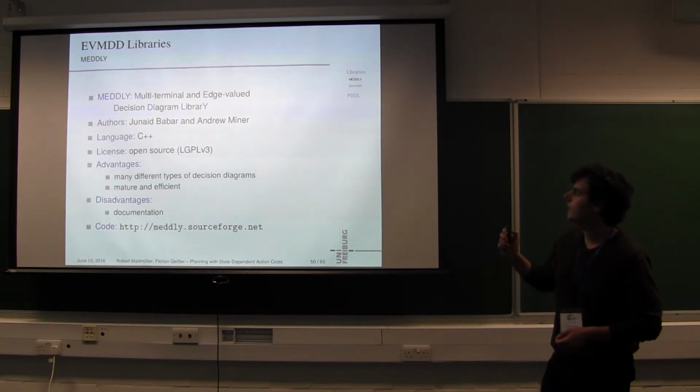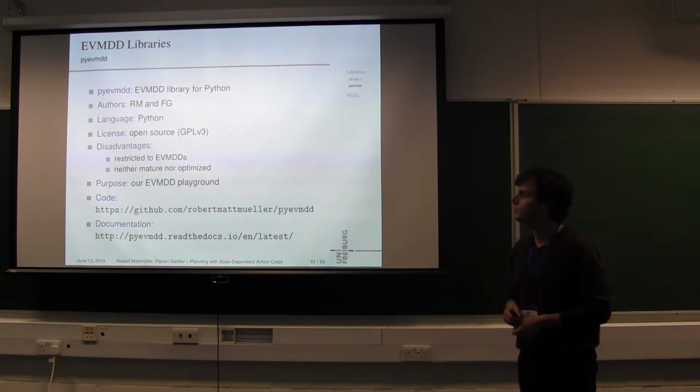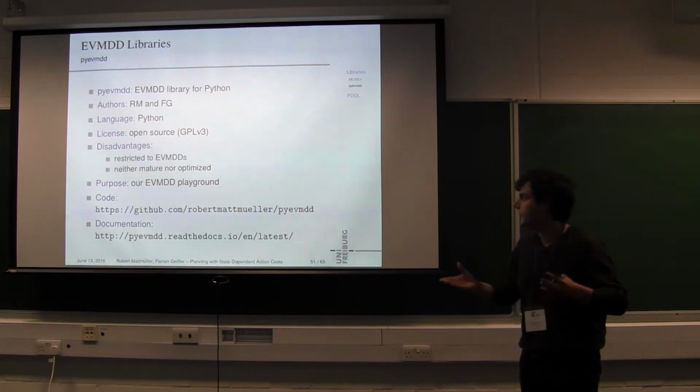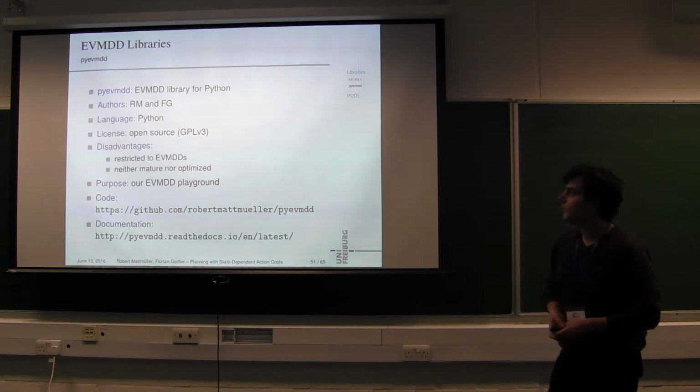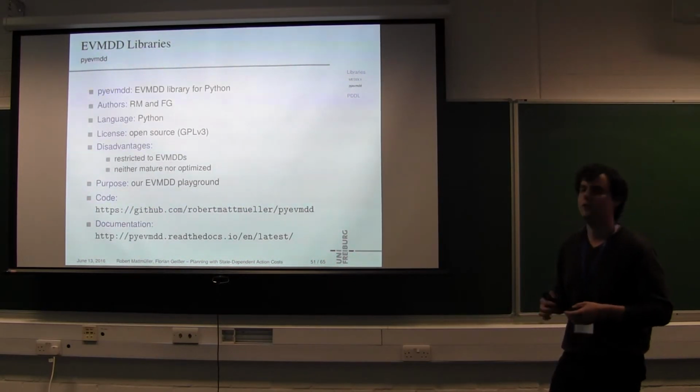And on the other hand, the second library I want to show you is called EVMDD. It's a Python library. It's written by us in Python. And it's also open source. But it's only restricted to edge-valued, so to EVMDDs, because that's the only thing we need. And it's also not mature nor optimized.